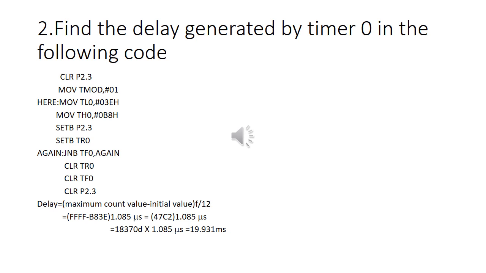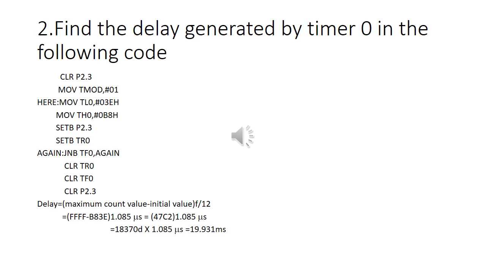Since it is timer 0 in the mode 1 configuration, the maximum count value will be FF minus the count value. The count value is B83E. So FF minus B83E, multiplied by 12 divided by the crystal oscillator frequency.